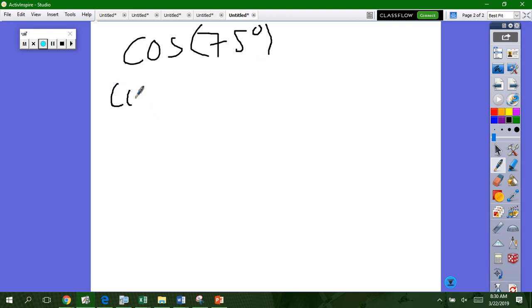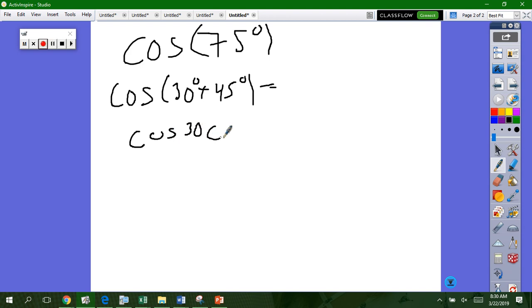So this is cosine of 30 plus 45 degrees, which would equal cosine of 30 cosine of 45. Because it's a plus, it is a minus sine of 30. I should put parentheses around it. I didn't do it on the first one. Sine of 45.